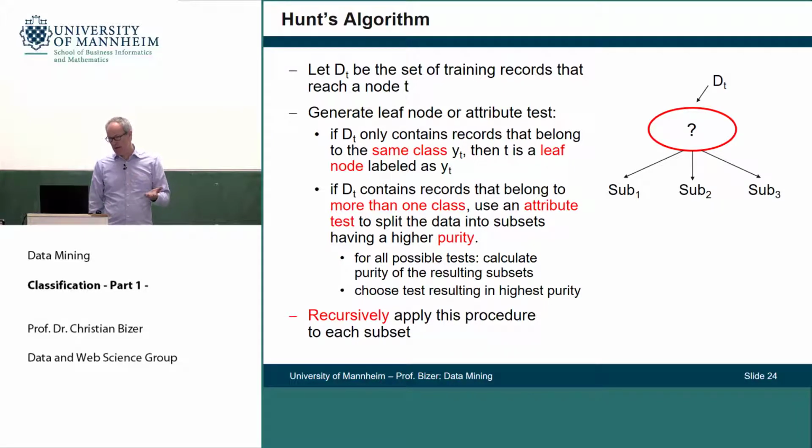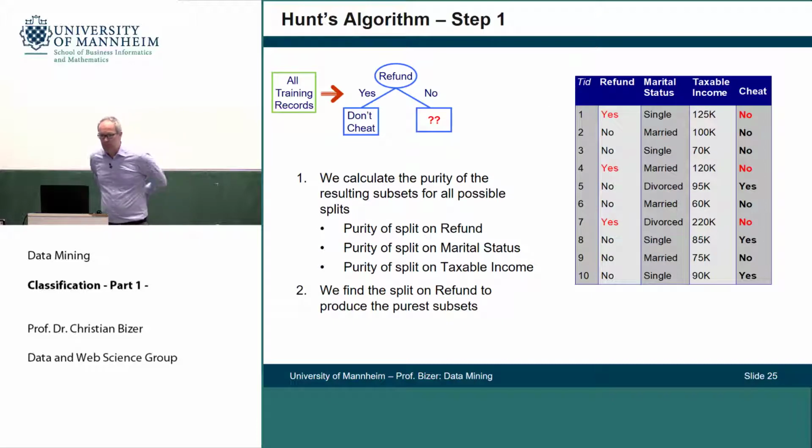So we choose a test resulting in the highest purity. Then we have 2 new sets, again with a mixture of labels. Again, we test all possible splits for these 2 sets. For each set, we again select the test that increases the purity of the sets the most.